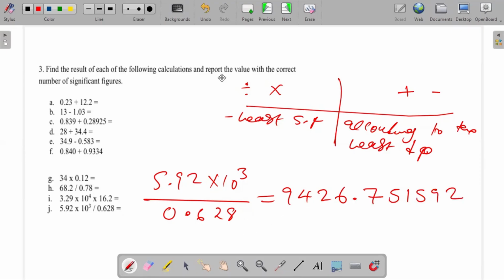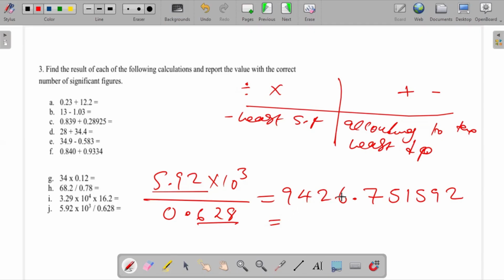So we are saying when we are dividing or multiplying, we need to give the final answer according to the one with the least significant figures, isn't it? So if you check here, how many significant figures are we having in this number? 3, right? Same with the other one. So 3, and we are dividing. So it means that our final answer should have 3 significant figures, right?